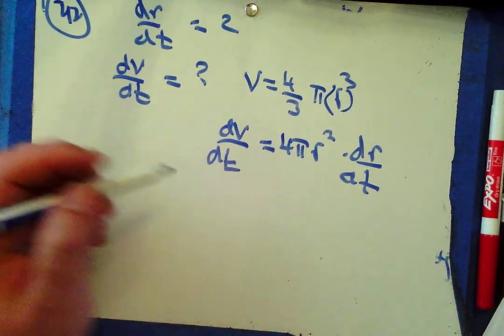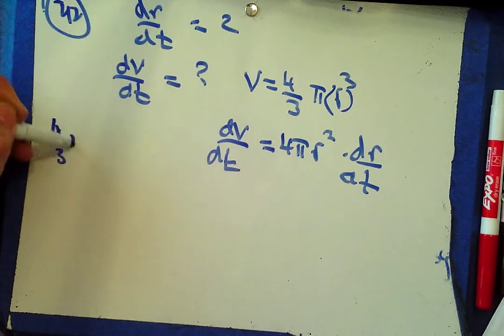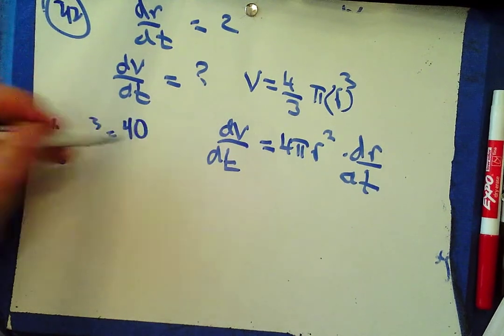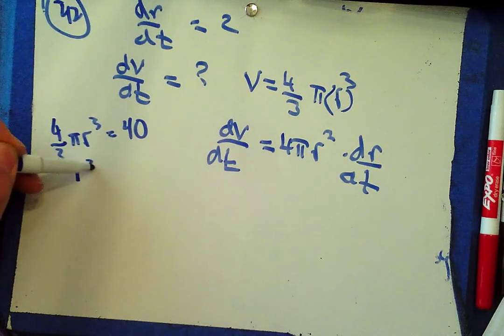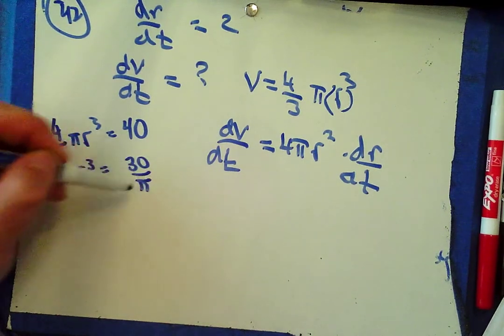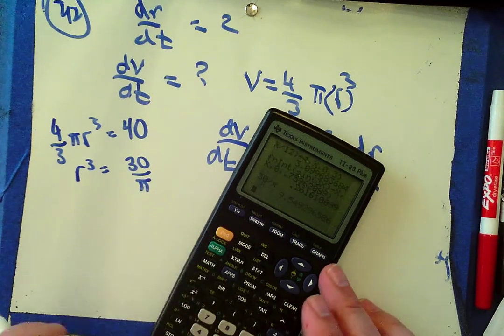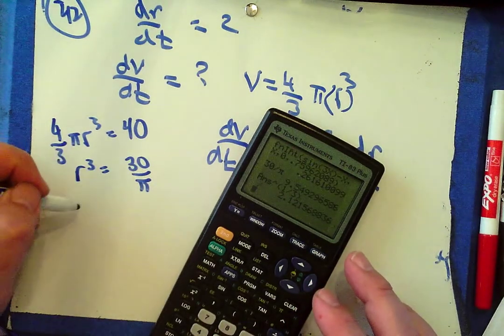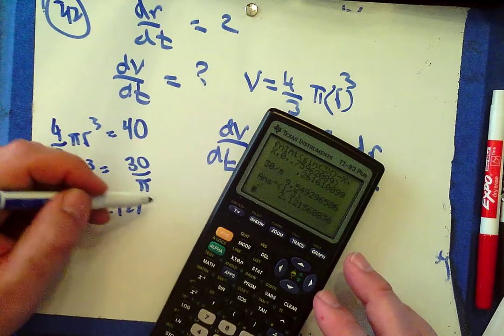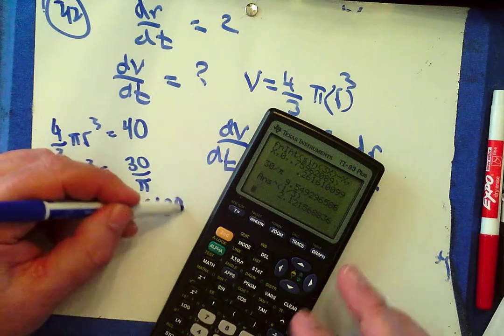We know when the volume is 40, okay, so 4/3 pi r cubed equals 40. And that's r cubed equals 30 over pi. So 30 divided by pi raised to the 1/3 power. So r equals 2.121568836.